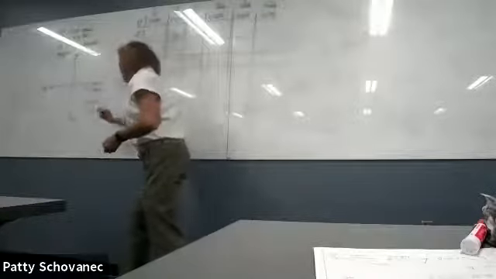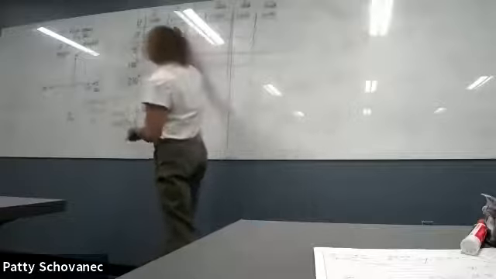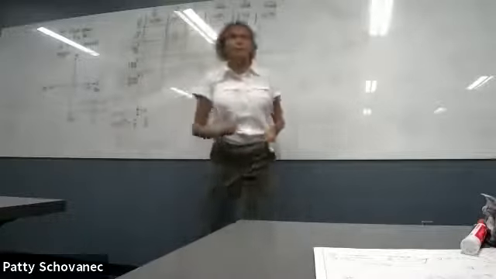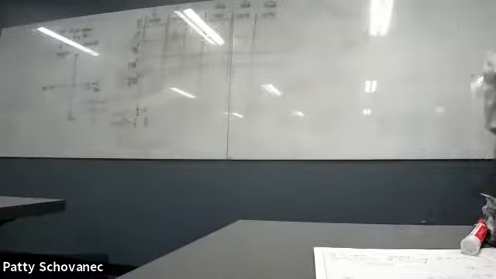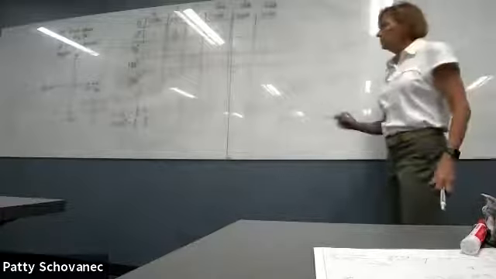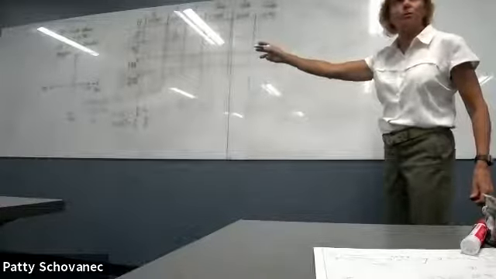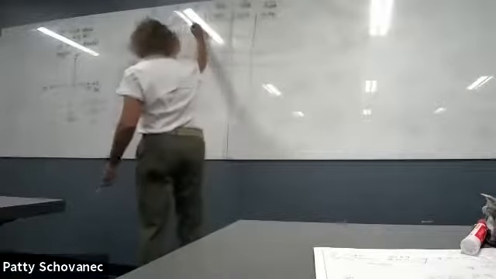X is 2, r is 2. Cosine of 0 degrees is indeed 1. The tangent is the y divided by the x. Take the y divided by the x, you get 0 divided by 2, you get 0.